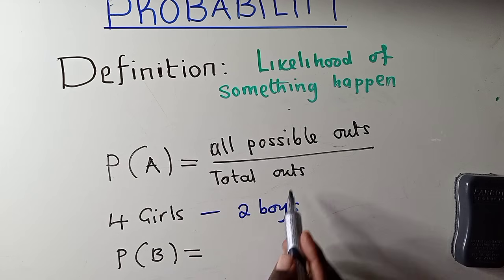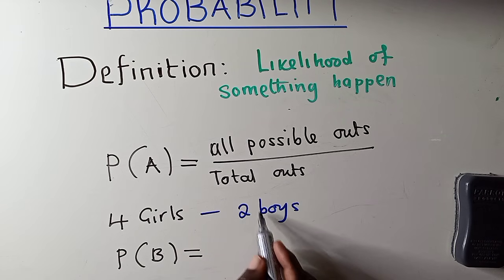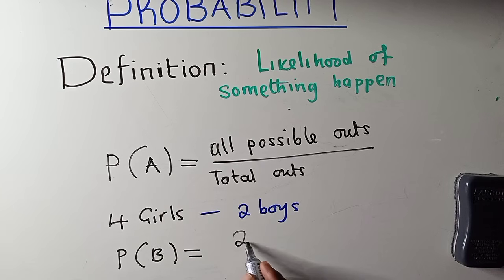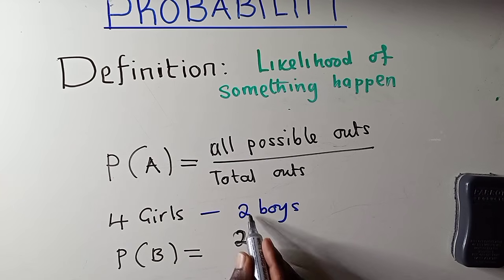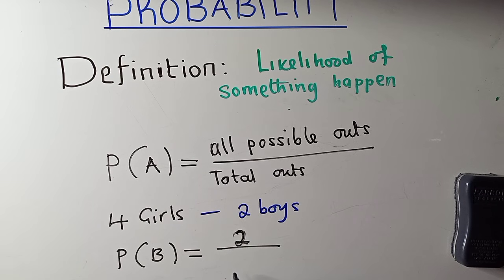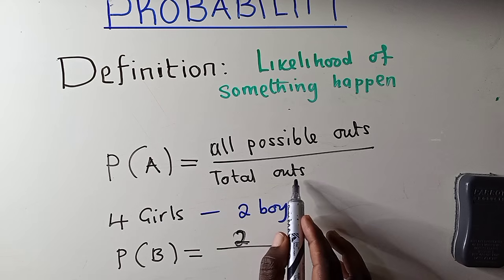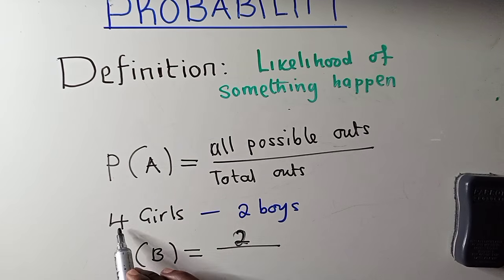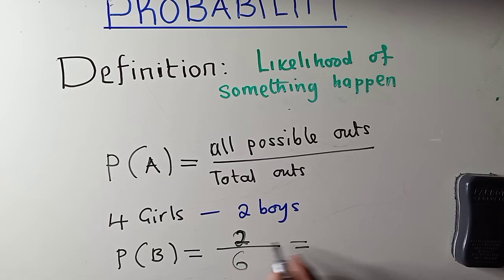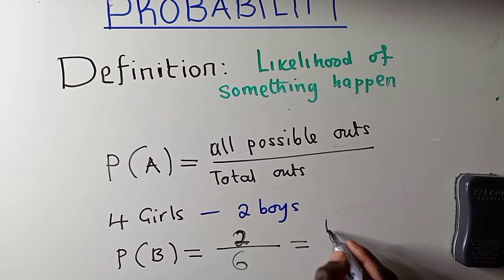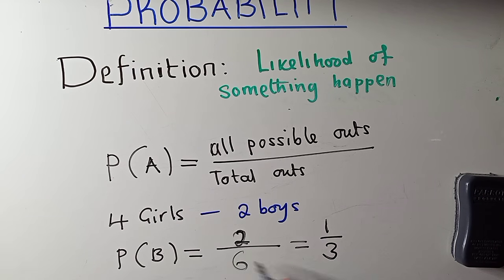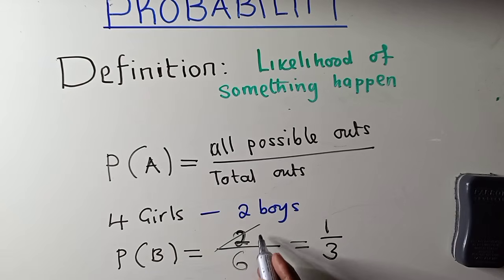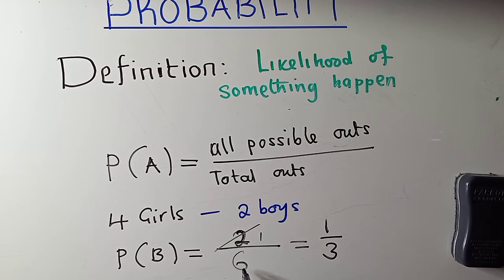All possible outcomes of picking a boy are 2. There are 2 of them, over total outcomes. Total outcomes will be 4 plus 2, which is equal to 6. So now the probability of picking a boy is 2 over 6; 2 into 2 is 1, 2 into 6 is 3, so 1 over 3. This is how you work it out.